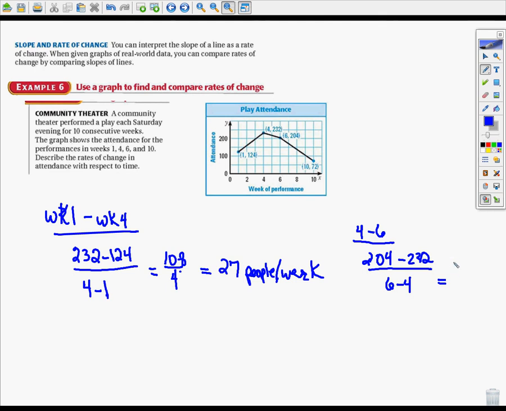That gives us a negative 28 divided by 2, which is a negative 14 people per week. So the attendance is actually going down.